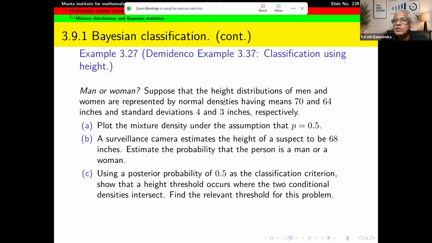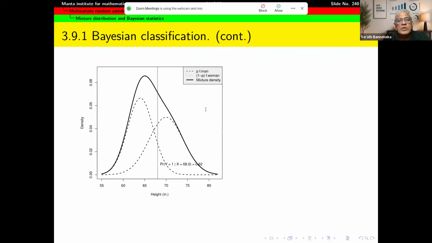And once we know the mixture distribution, using the Bayes theorem, we can predict the gender of a person when we know the height. So in this example, we looked at that kind of problems.